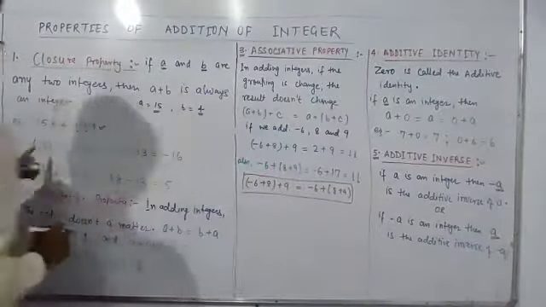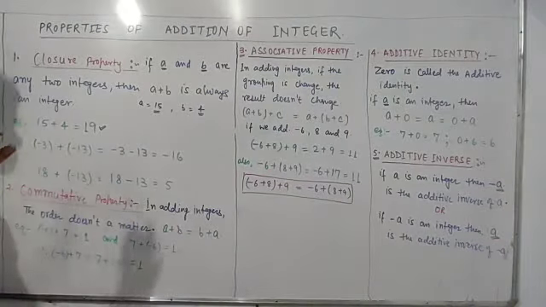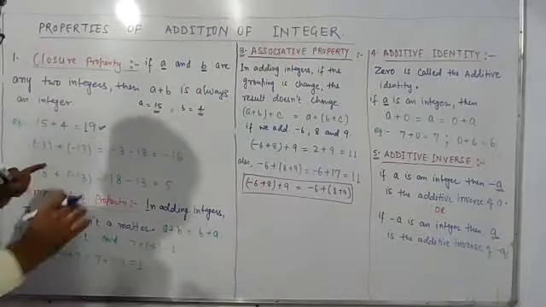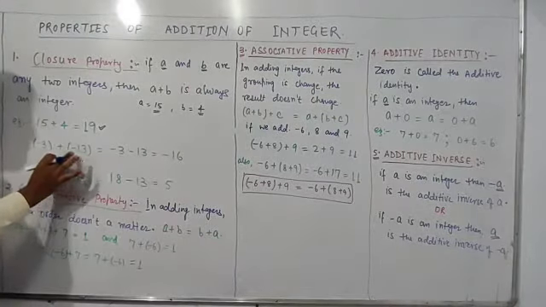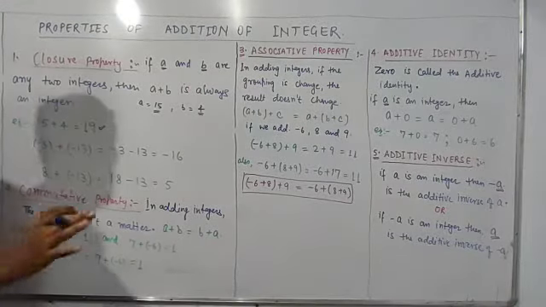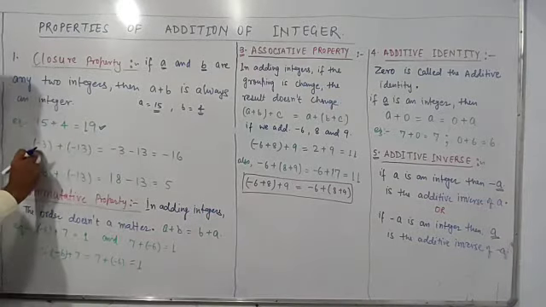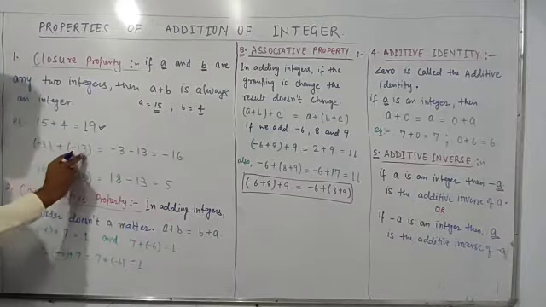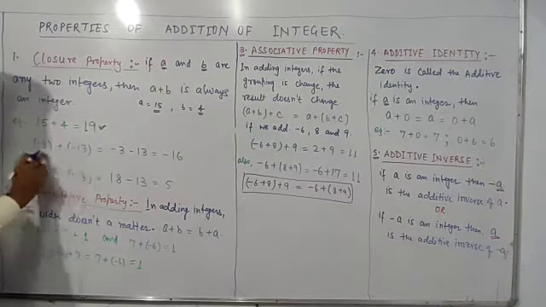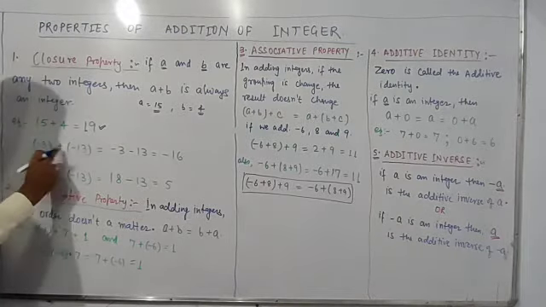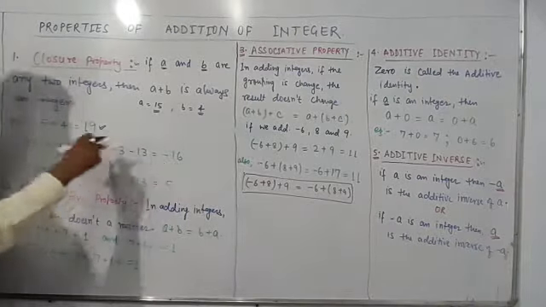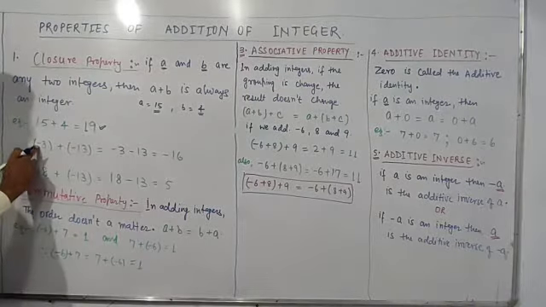Now the second example, minus 3, which is an integer, and minus 13, which is also an integer. After addition, according to the rule, if there are two negative integers, then we simply add these two values. 13 and 3 is 16, and we put the sign.